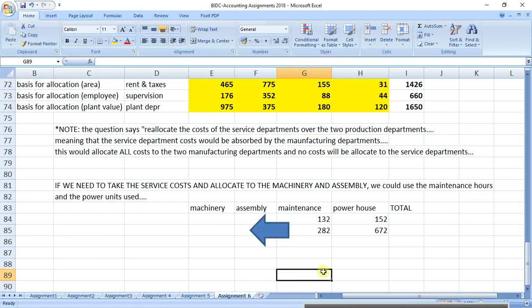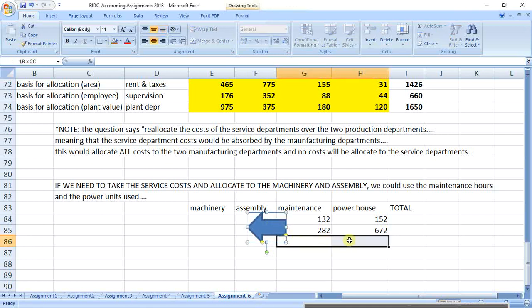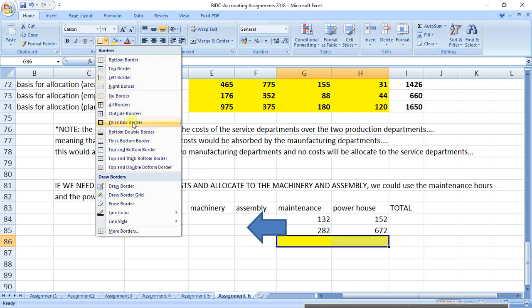In the textbook they don't show this, because remember the question here is very specific. They've asked you to do something. The textbook talks about the ways in which you can allocate costs to different items. So what do they want us to do here? I'm assuming they want you to reallocate those costs.